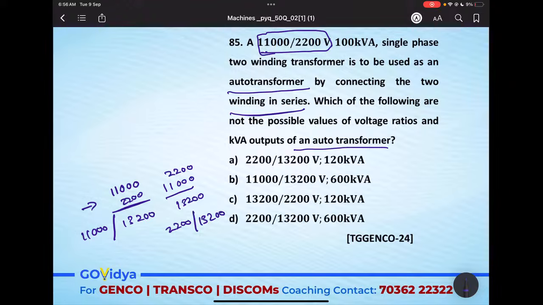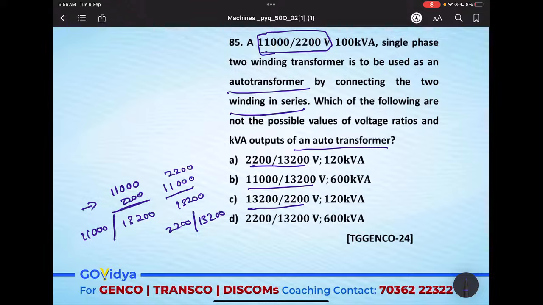Let's see the different options given. 11,000 by 13,200, yes, it is there. This is matching. 2,200 by 13,200 is also there. And 13,200 by 11,000, yes, if you make it a step down transformer, this is also there.